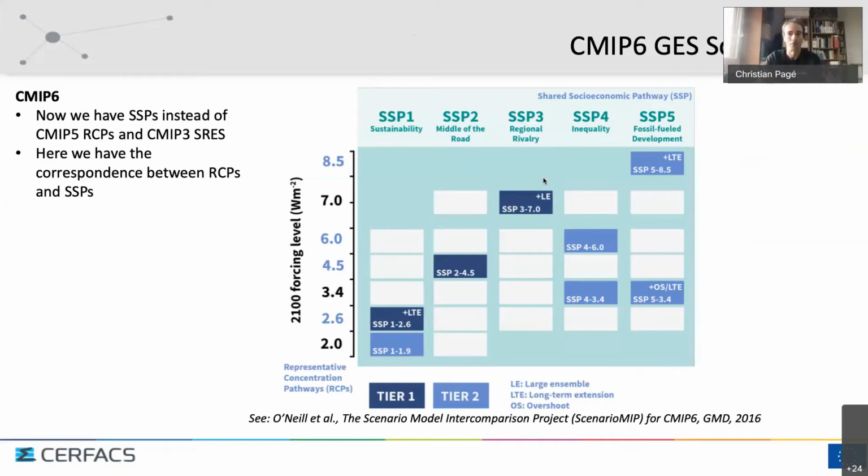And so we have this matrix, and we didn't do experiments for all those different combinations. So we have tier 1 and tier 2. The main ones are tier 1, so most of the simulations that you will see available will be those tier 1 simulations.